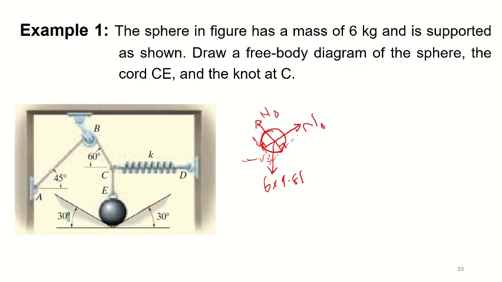We know that the force is along the cable, so there's another force in this direction, which should also go through this, so we can label it as T C E.